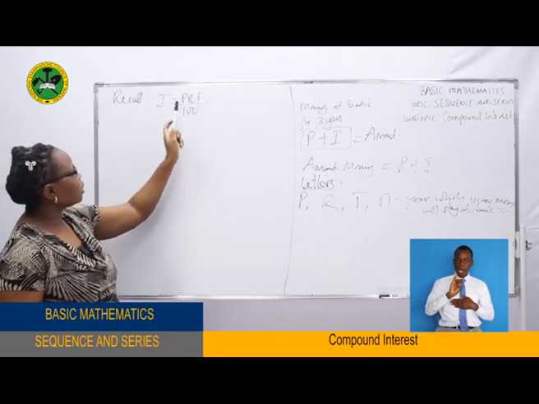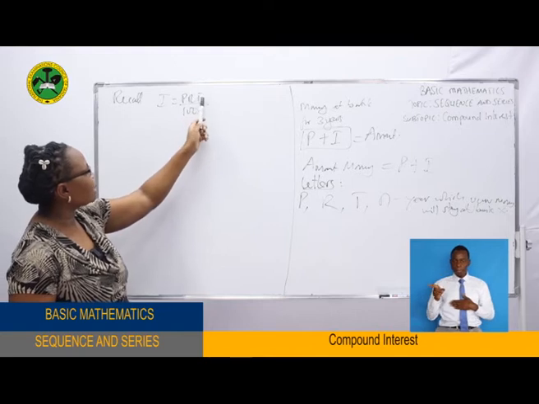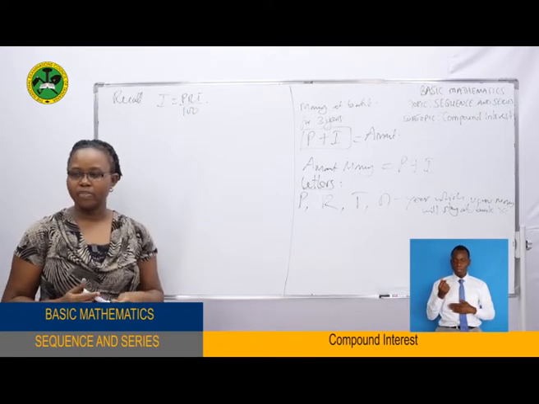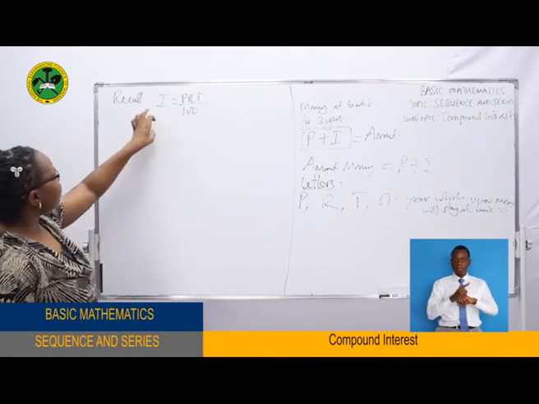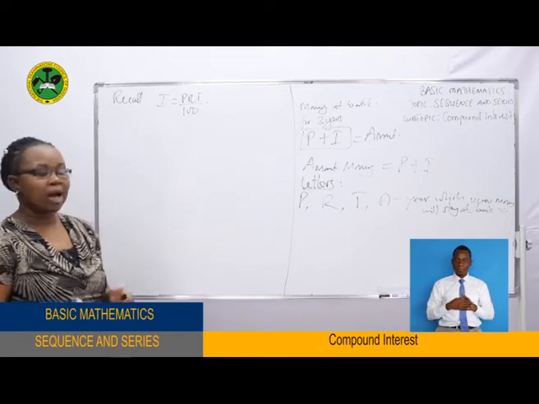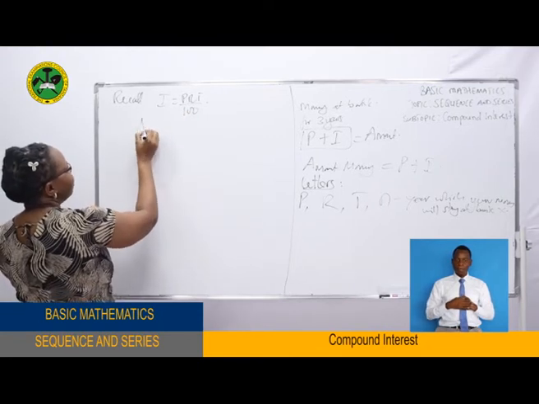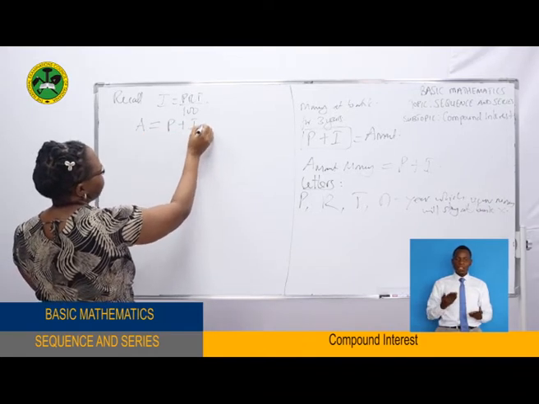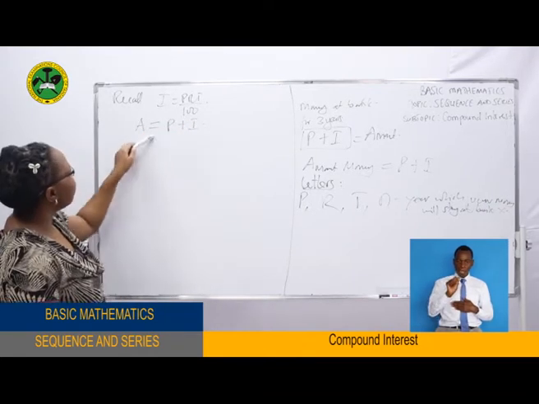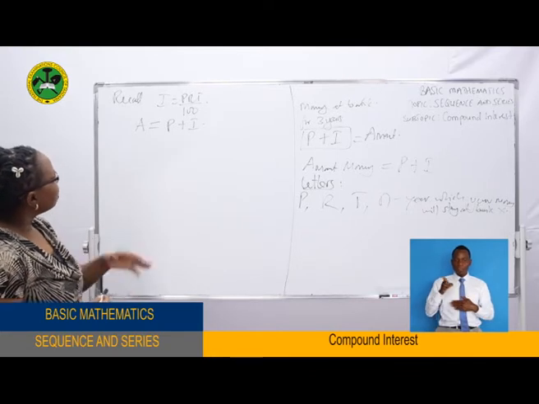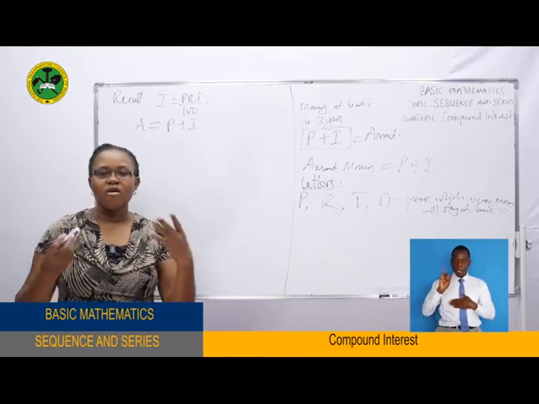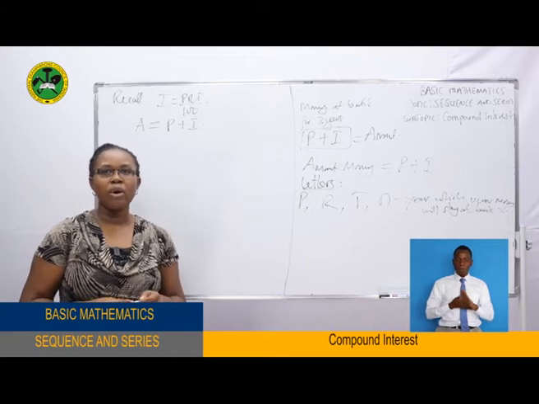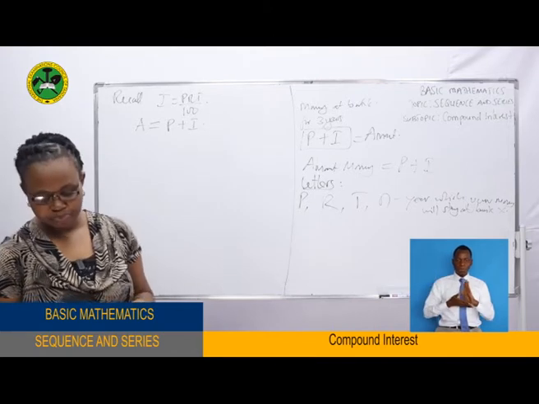That is, interest is equal to principal times rate times time over 100. By recalling this formula, we know that the amount of money equals principal plus interest. From here is where we are going to start to derive our formula for compound interest.